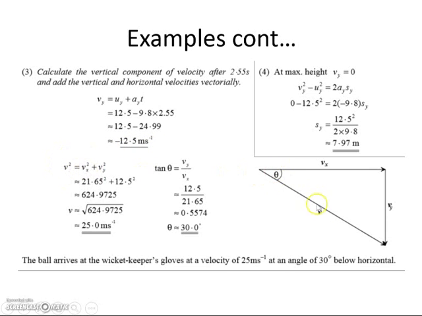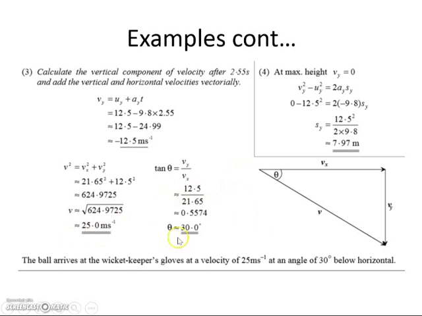We want to find the final component of velocity here, so the same thing: we do our Pythagoras, put in our two known sides, and rearrange to find v, and we get 25 meters per second. Then we can do our inverse tan function of vy and vx, and we get an angle of 30 degrees.